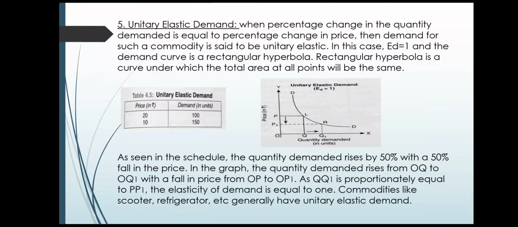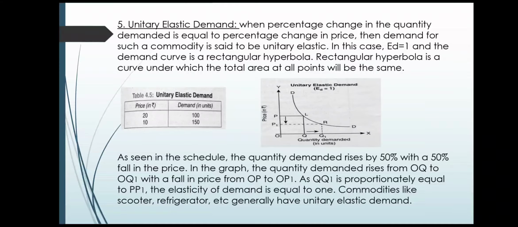In the graph, the quantity demanded rises from OQ to OQ1 with a fall in price from OP to OP1, as QQ1 is proportionately equal to PP1. The elasticity of demand is equal to 1.